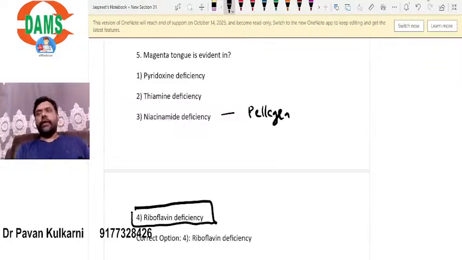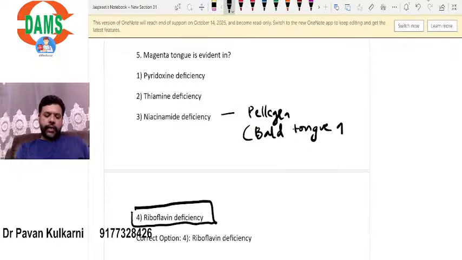In pellagra you see bald tongue of sandwich. Please remember this classically, bald tongue of sandwich. So magenta colored tongue is a classical feature of riboflavin deficiency.